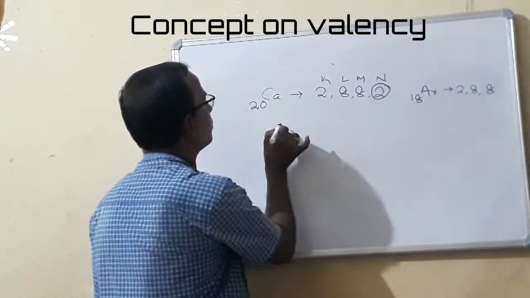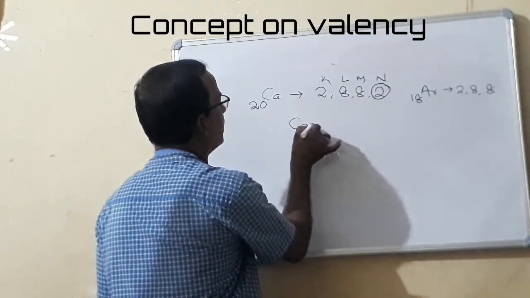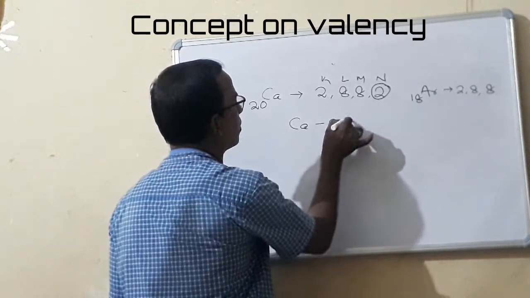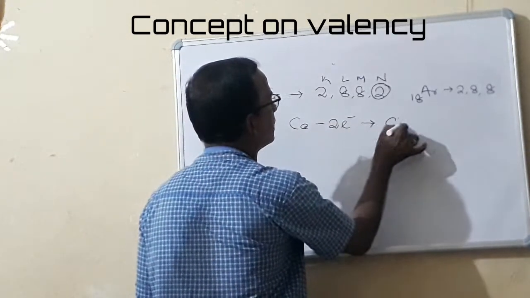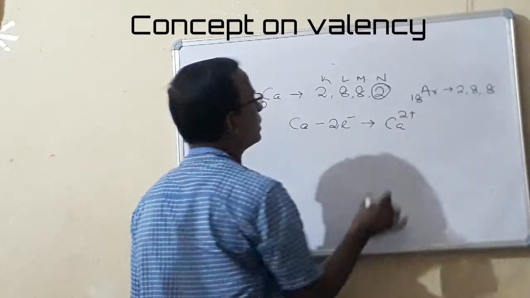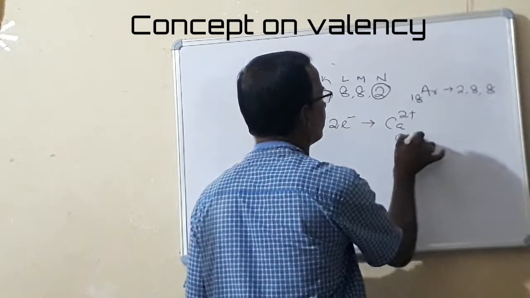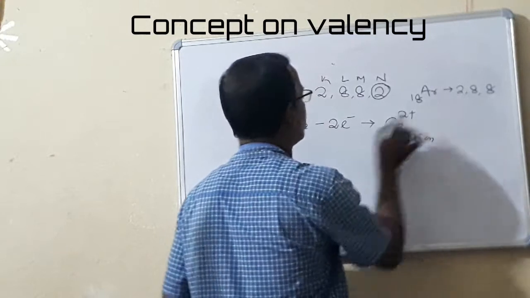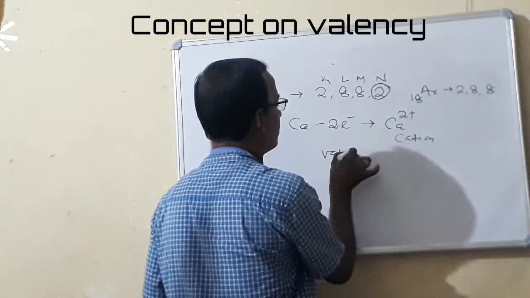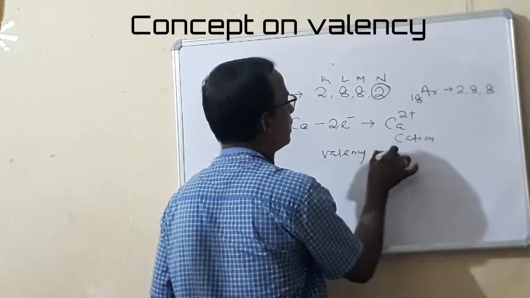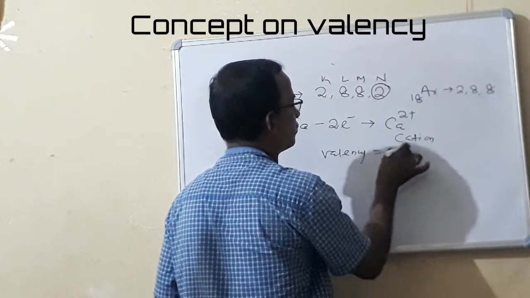So when calcium, Ca, donates 2 electrons, it forms Ca2 plus, that is, a cation is formed, so its valence is equal to plus 2.